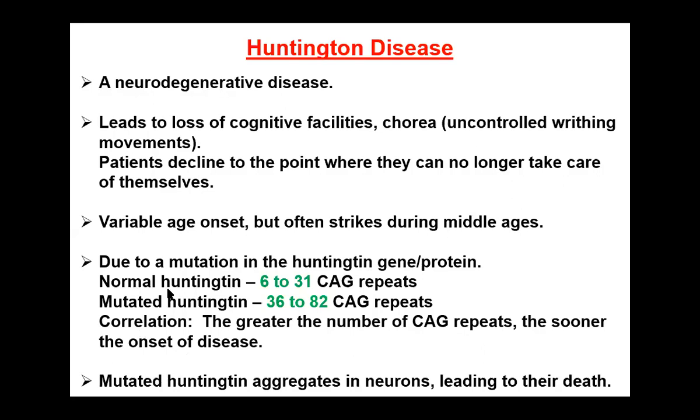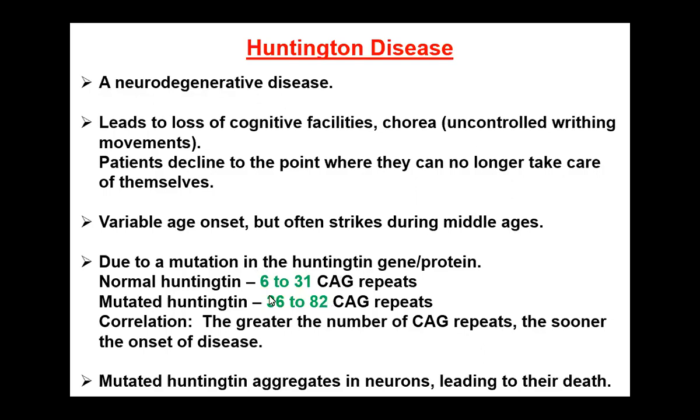And what happens here is in the normal form of this Huntington protein, or in the normal form of the Huntington gene, I should say here, there are about 6 to 31 CAG repeats that are found here. Okay, so 6 to 31 of these CAG repeats.